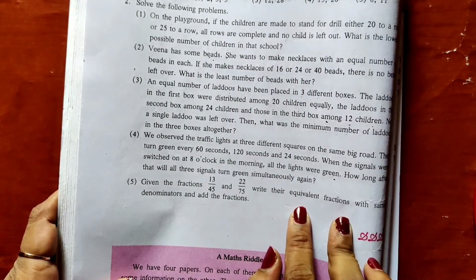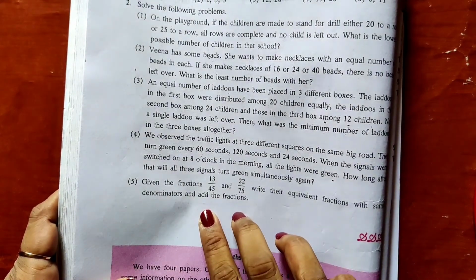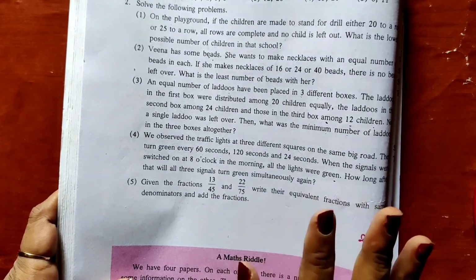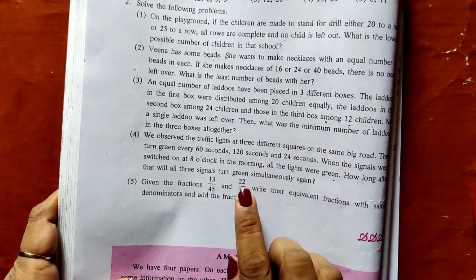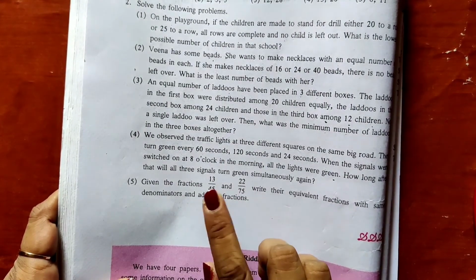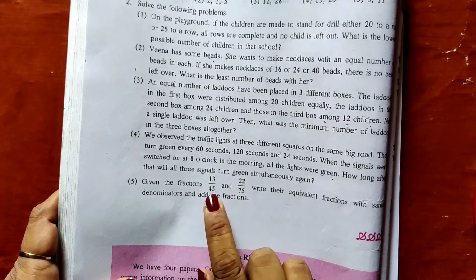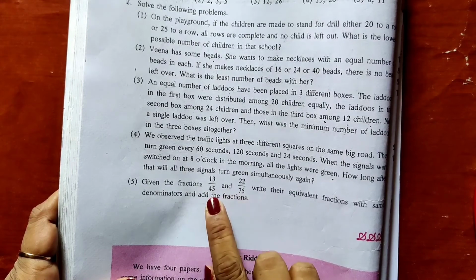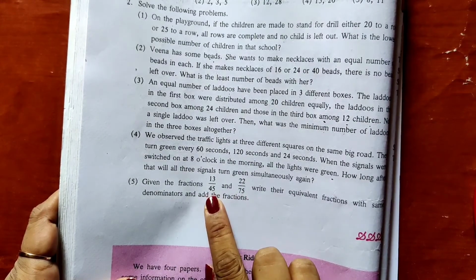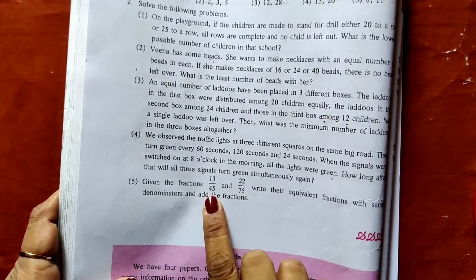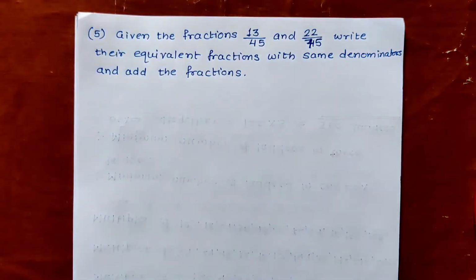And when we get equivalent fractions, only then can we add them. If the denominators are not equal, we cannot add them. For adding fractions, the denominator should be equal. So for making the denominators equal, we have to find the LCM of 45 and 75. So let us solve it.